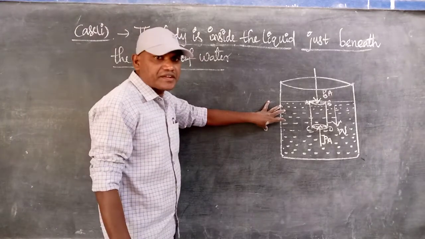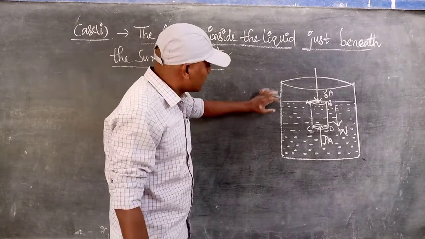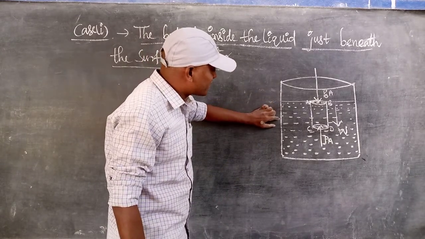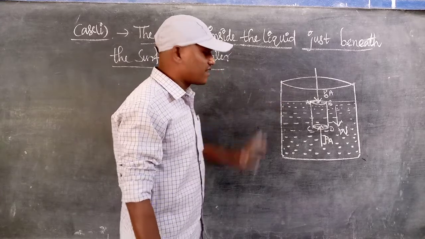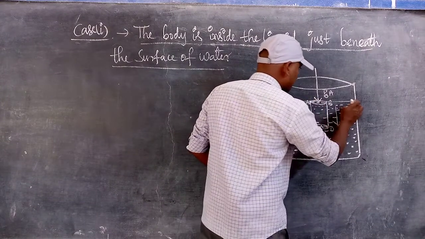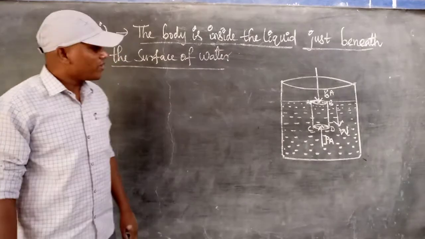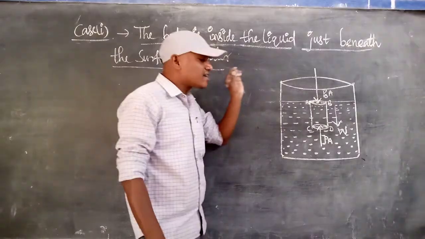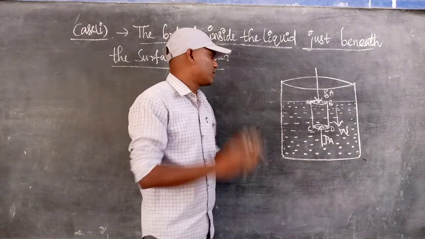So it is a transparent glass trough. First of all, we take a transparent glass trough. It is filled with water up to a certain level. That's why this horizontal line represents the surface of the water. Now here we consider a cylindrical shape of liquid column.